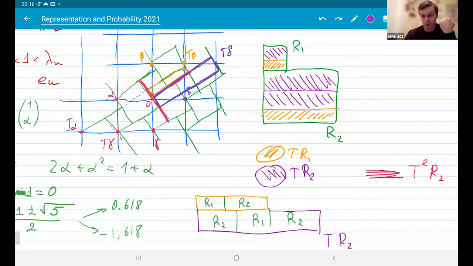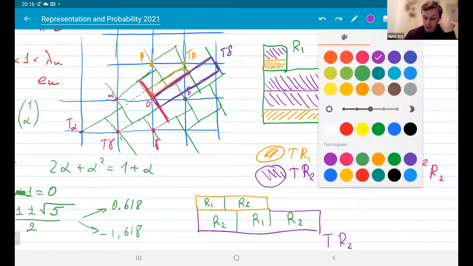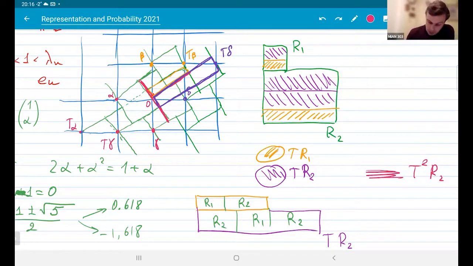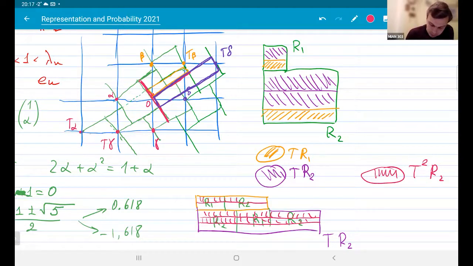Что же у меня получится? Получится самый T квадрат от R2. Он два раза пересечет, как мы договорились, ниже большой T от R2, и один раз сверху пересекает маленький.